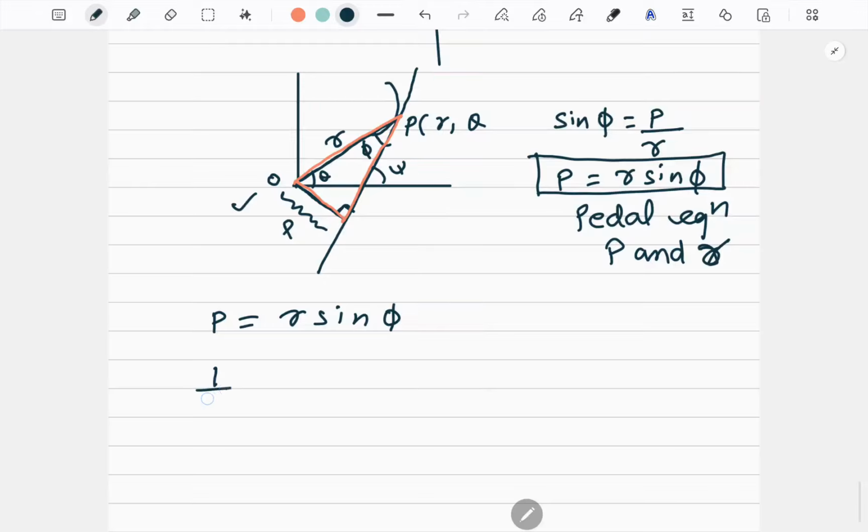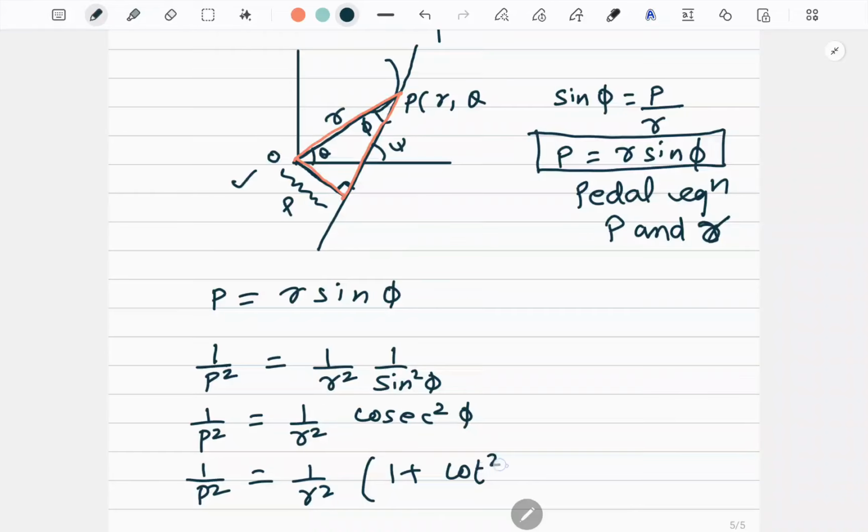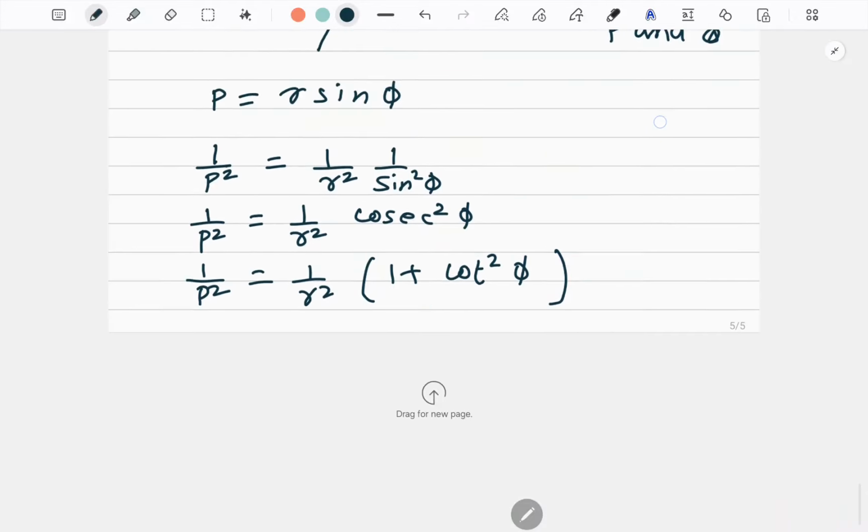Okay, now since p is equal to r sine phi, I'll write one more form of the pedal equation. If I take the reciprocal and square it, it will become 1 upon sine square phi. What is 1 upon sine square phi? It is nothing but cosec square phi. Now what is cosec square phi? It is 1 plus cot square phi. There is a reason to do this.